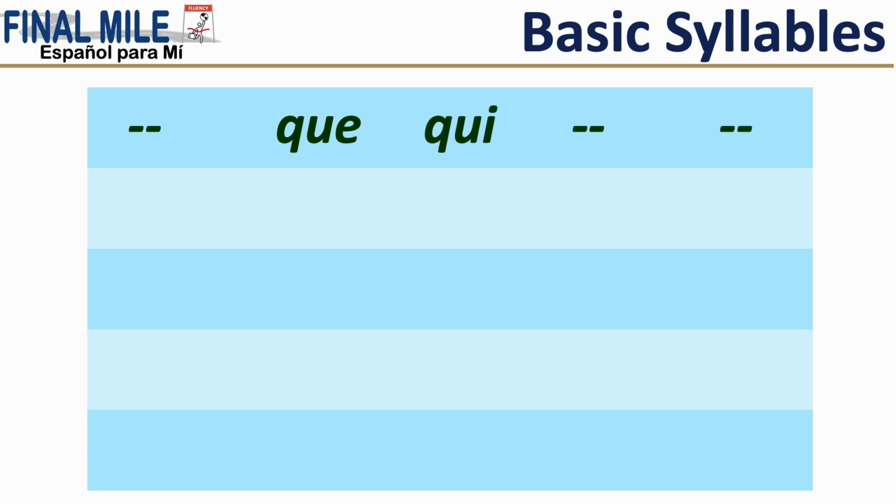Okay, the Q, okay? Unless it is a word of foreign origin in Spanish, we will only find it followed by a silent U, and E, and I. Que, qui. Ra, re, ri, ro, ru.